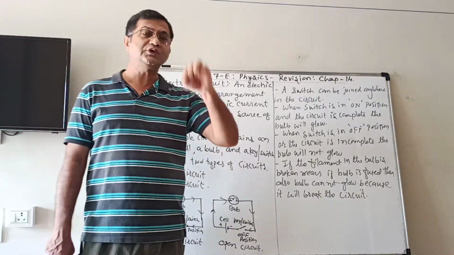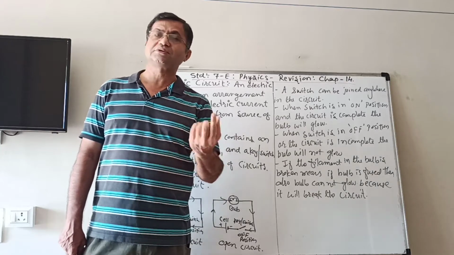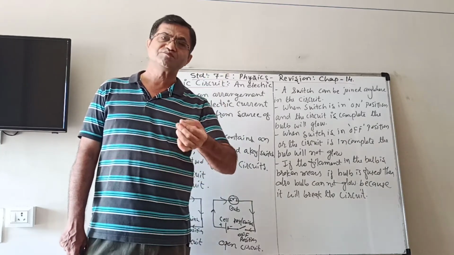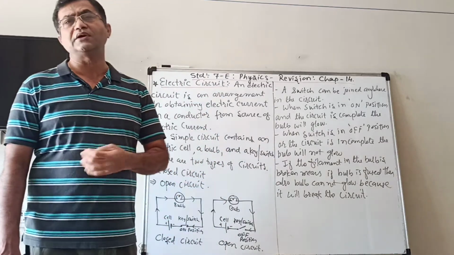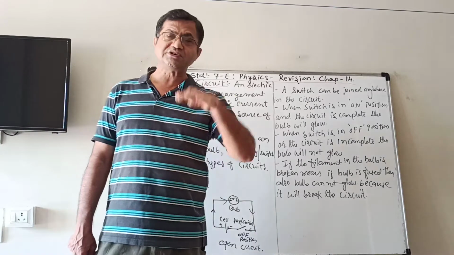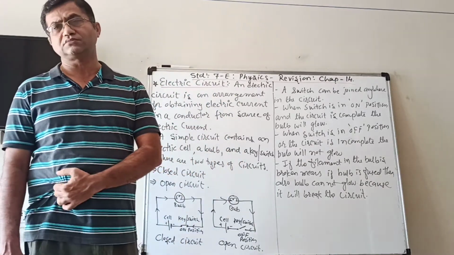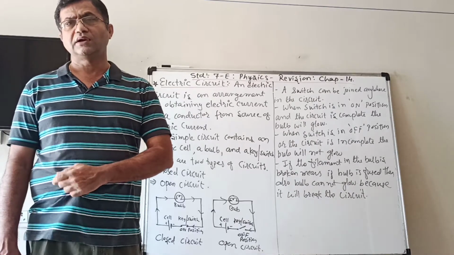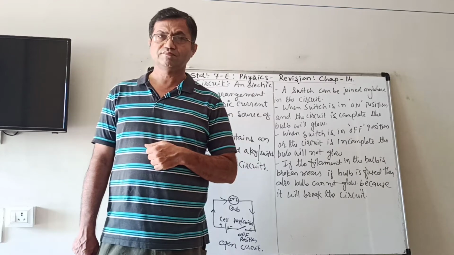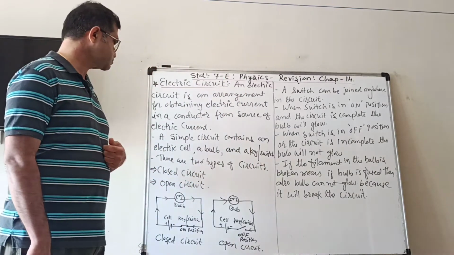When we put in the plug key, then it is a complete circuit. If you take out that plug key, then it will be incomplete. Similarly, if the switch is in the on position, there will be a complete path, and if the switch is in the off position, then the circuit will break and the current cannot pass through it.